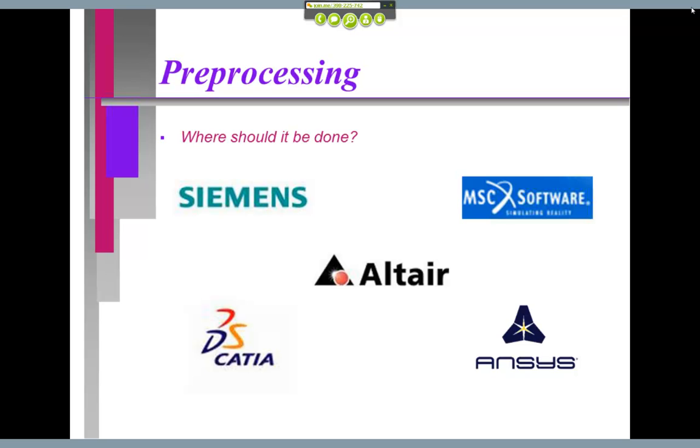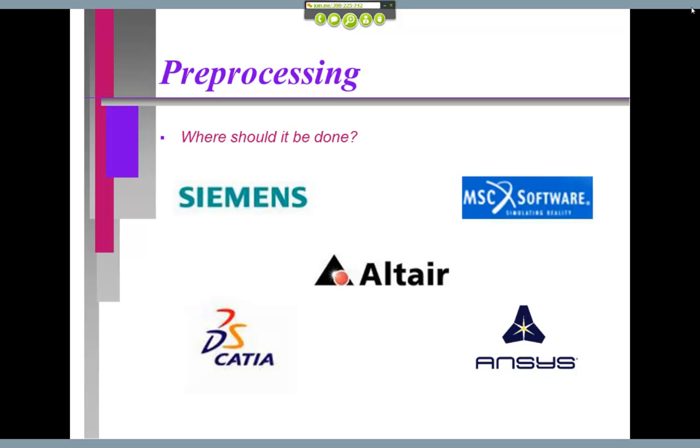Okay. Is there a reason why you would want to do it in the CAD system as opposed to over here in ANSYS or in Nastran? Well, we just kind of talked about it. The pre-processing in many of these systems is associative, and so as I change the model, it'll automatically change the mesh and things like that. Okay.